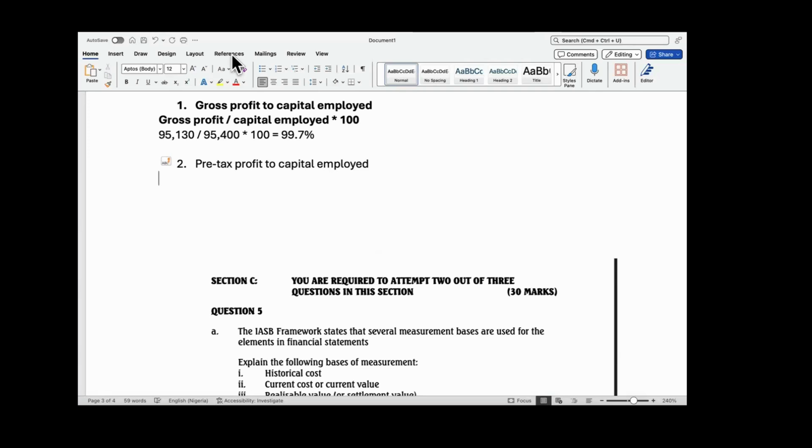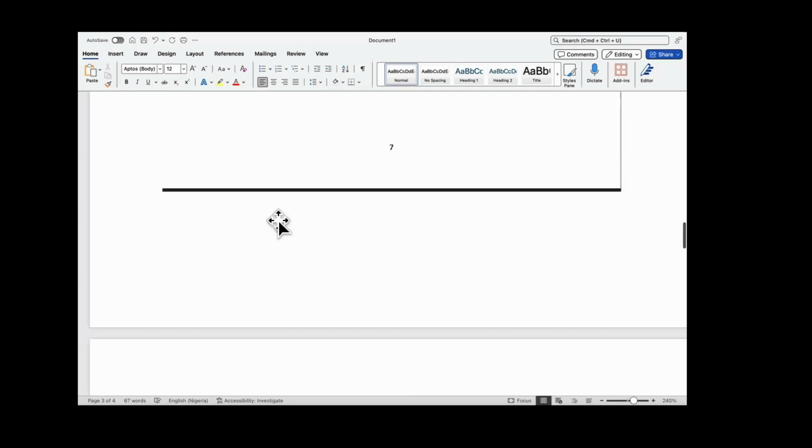Profit before tax all over capital employed times 100 all over 1. That's correct. Profit before tax over capital employed times 100 over 1. So the question, did they give us profit before tax in the question?